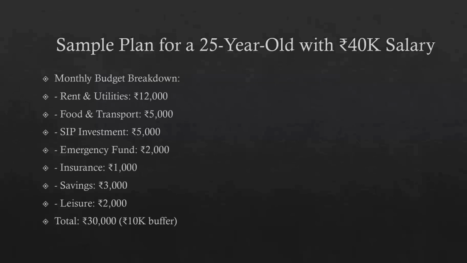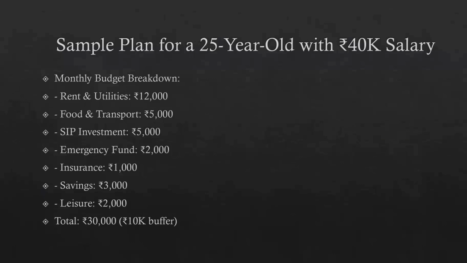Moving on, this is a sample plan that a 25-year-old with a 40K salary can follow. Let's say you're 25 years old and earn 40,000 per month. Here's a simple plan. Rent plus bills can be 12,000.